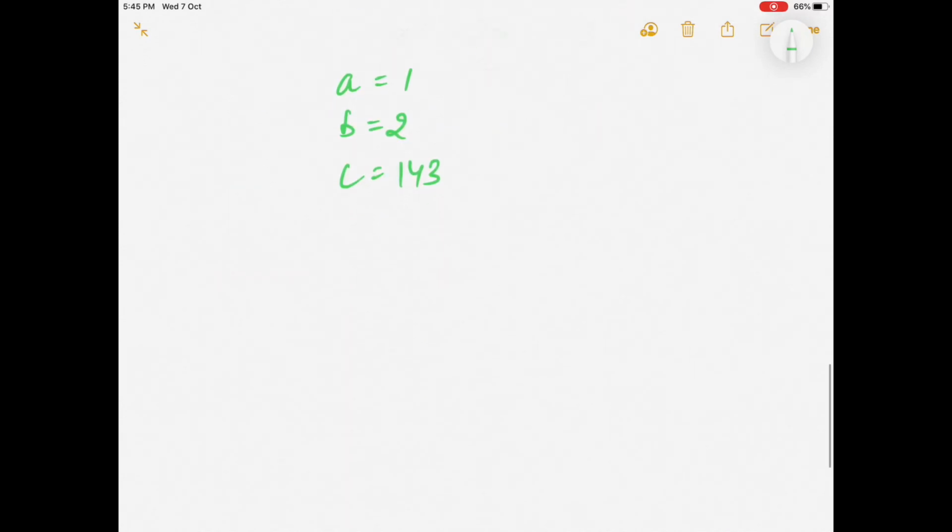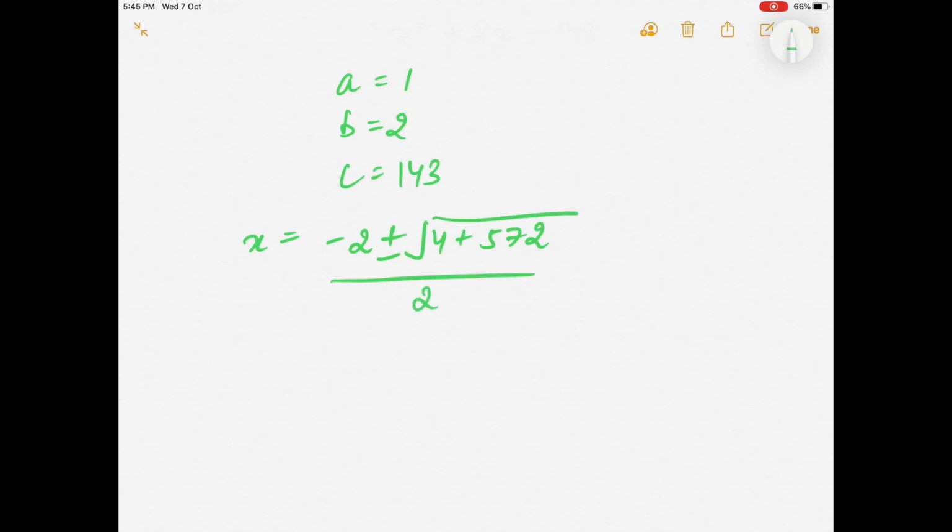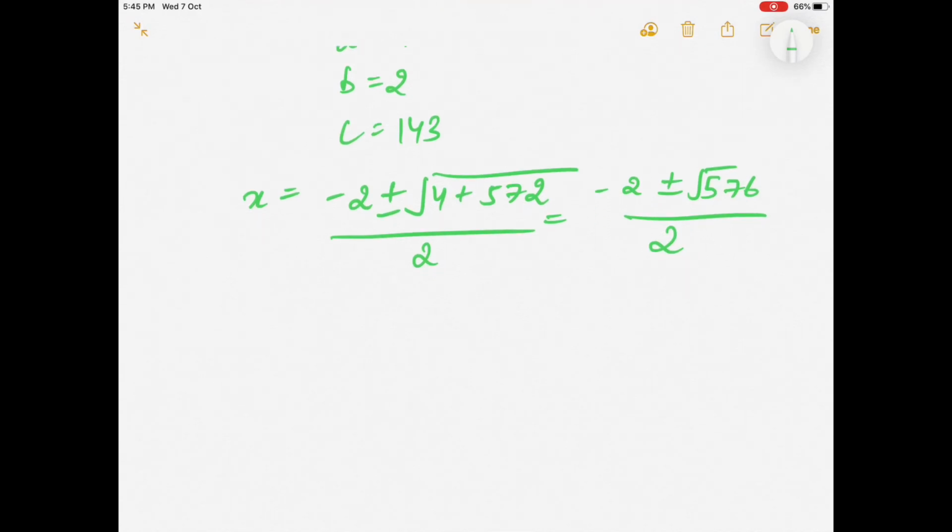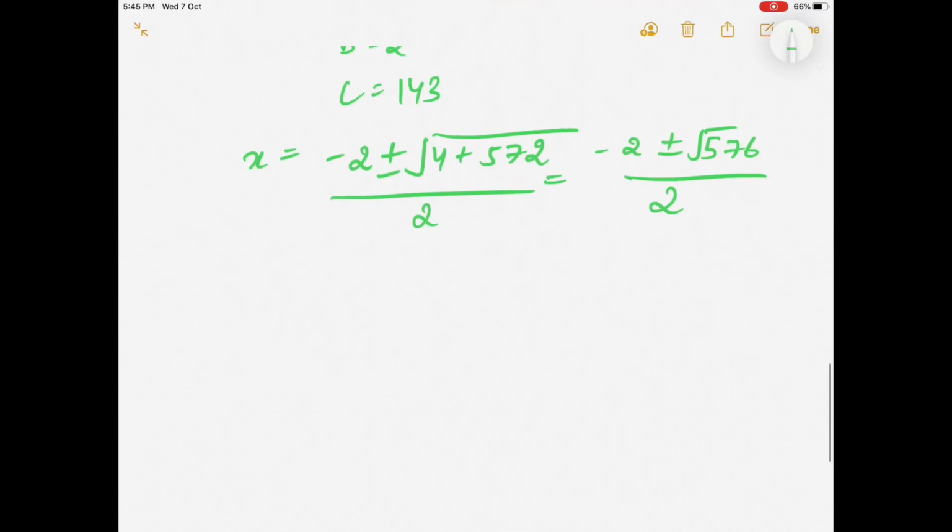Here when you apply the formula, x is equal to minus 2 plus minus root 4 plus 572 upon 2, which is equal to minus 2 plus minus root 576 upon 2. What is the square root of 576? 24 is the square root of 576.